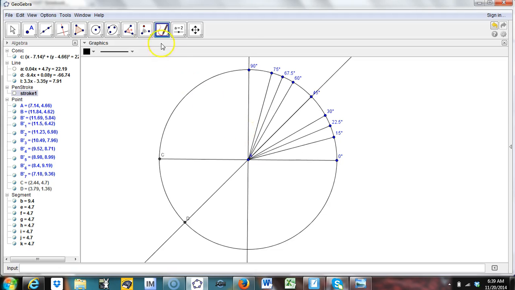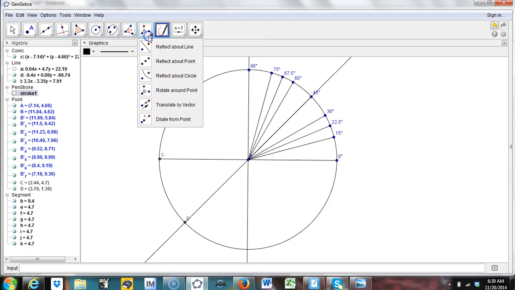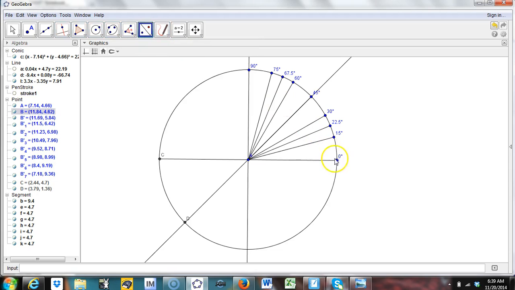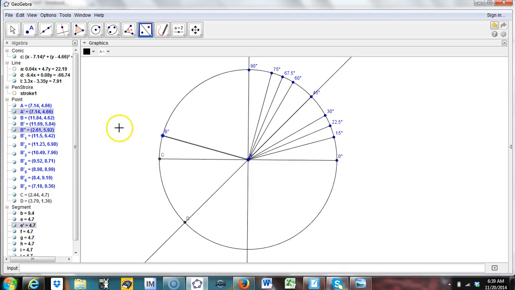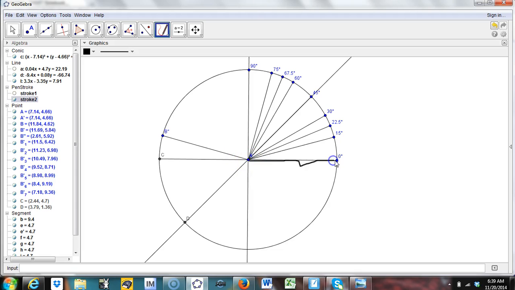For example, I'm going to reflect this 15-degree angle here, this point, and I'm going to reflect this segment. So there's the reflection. We could reflect all of these, and we'll get the same look here, just a reflection. But now we need to figure out what this angle right here is. Again, starting at the 0 line right here, to this angle, what is it?